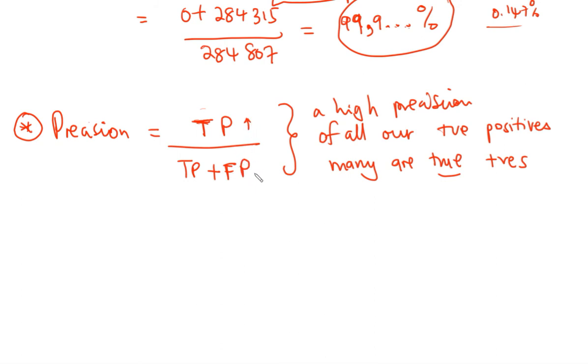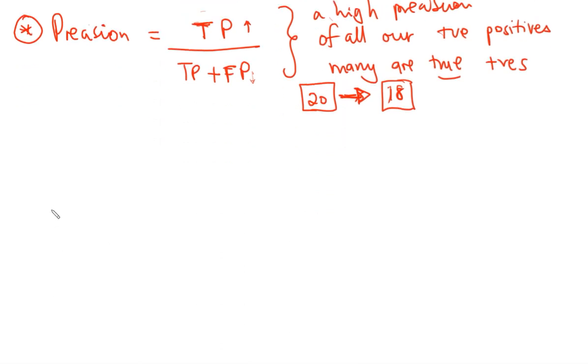If our true positive is very high and our false positive is low, we will have a high precision. Let's say we have predicted that 20 are fraudulent. A high precision will say, of the 20 that you predicted as fraudulent, 18 of them are actually fraudulent. This is a better measure of how your model is performing. Of the ones that you have predicted to be positive, how many of them are actually positive?